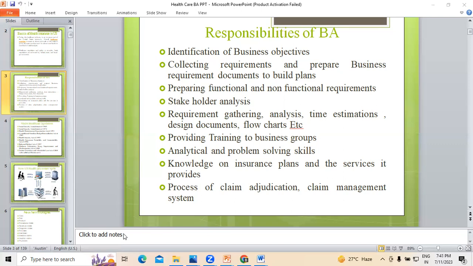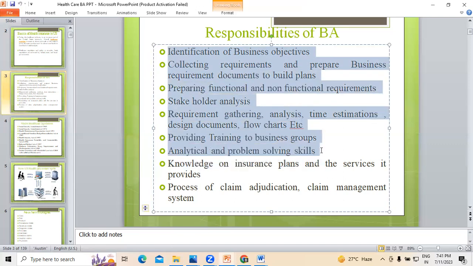All the responsibilities I have mentioned so far are common responsibilities: identifying the objectives, collecting the requirements from the customer, and translating business requirements to technical requirements. All these things business analysts do for any organization.